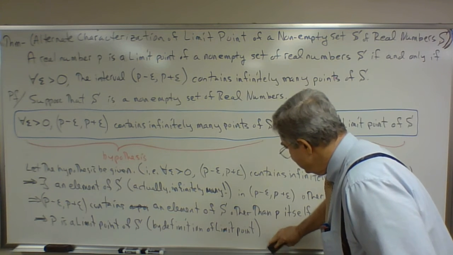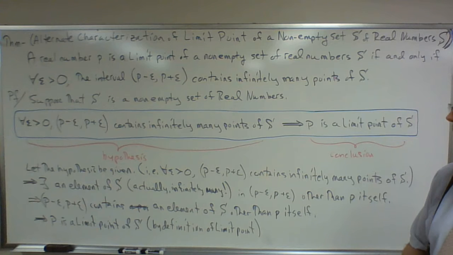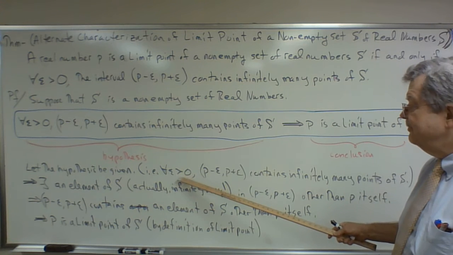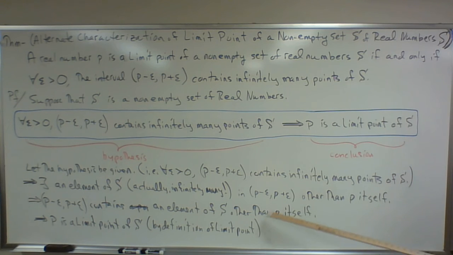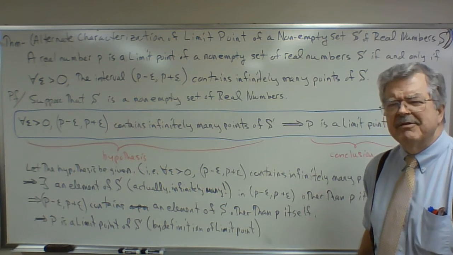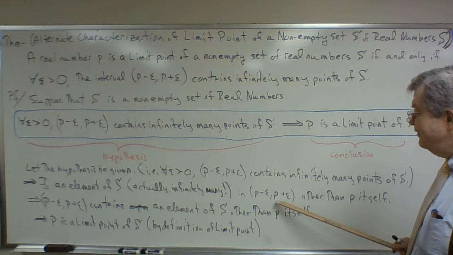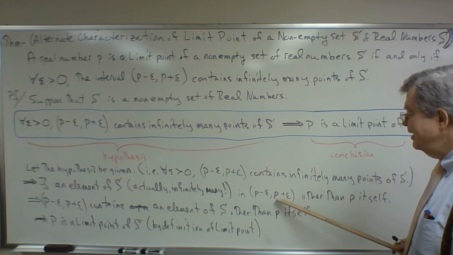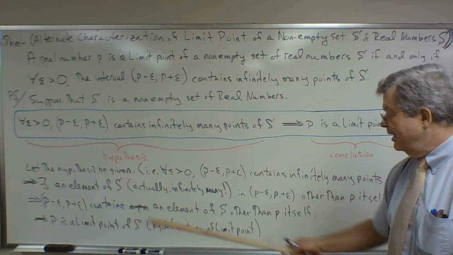I guess I better erase this. But yeah, by our hypothesis, there are infinitely many elements of S in this interval. At most, only one of those elements of S can be equal to P. So there are infinitely many elements of S in this interval other than P. So pick one.